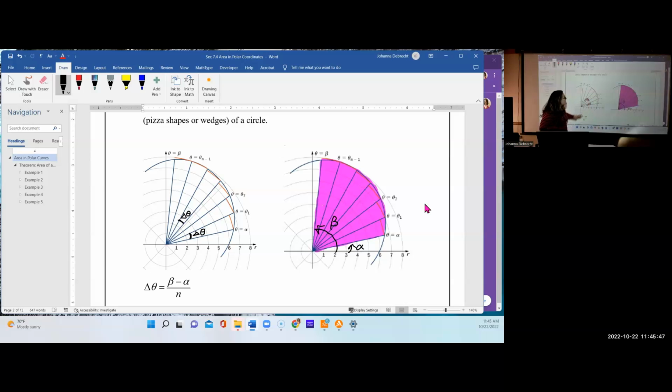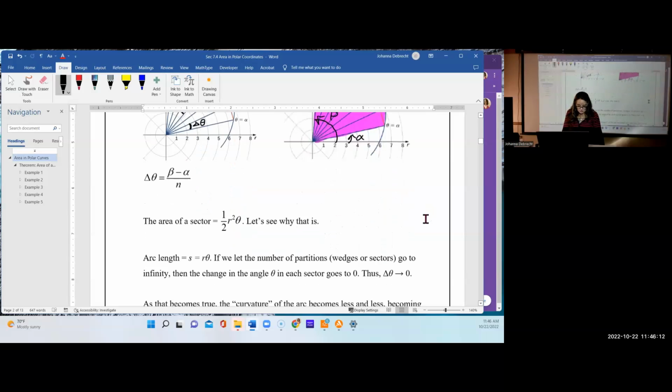So we're going to create a triangle and find the area of that triangle. And as the width of each individual sector decreases, we'll find that this flat bottom gets closer and closer to the curved edge of the polar curve. So it becomes a better and better approximation, just as we saw when we did Riemann sums with rectangles.